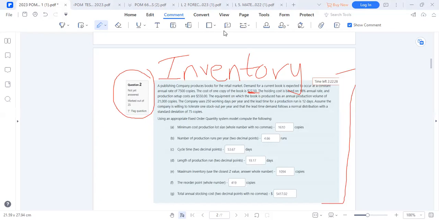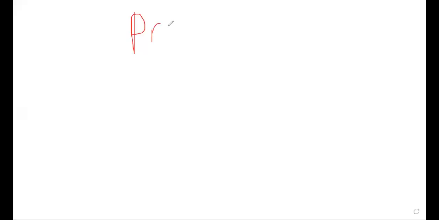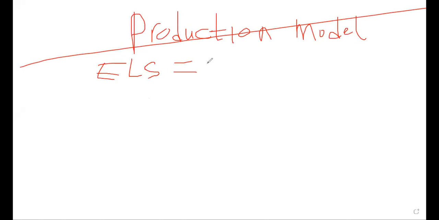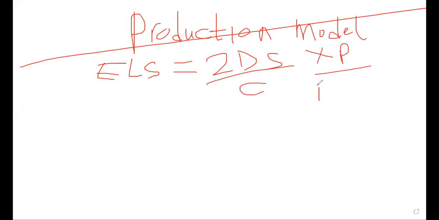As we look at the production model, the first one is economic lot size, which is production size, which is the square root of 2DS over C, multiplied by P over P minus D. Now D is our annual demand.